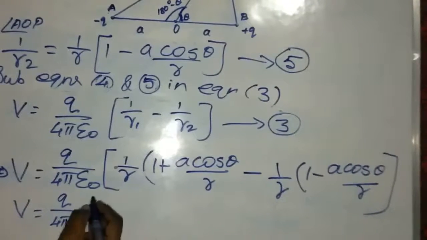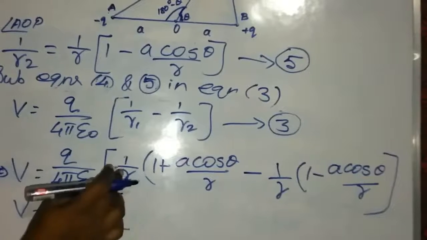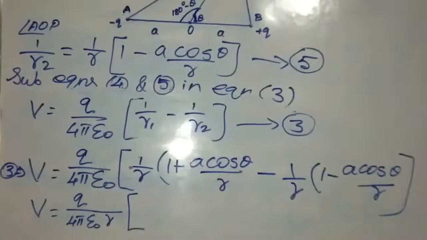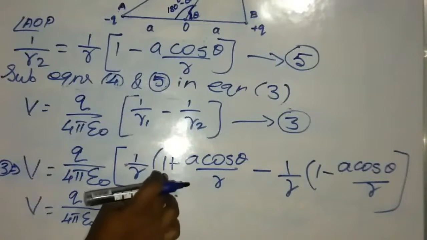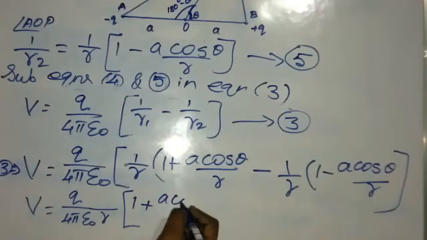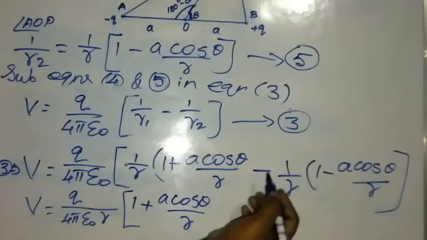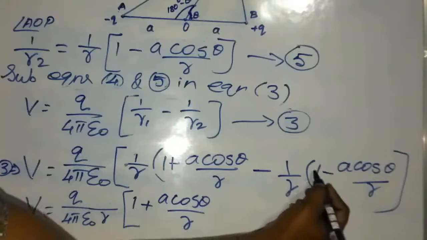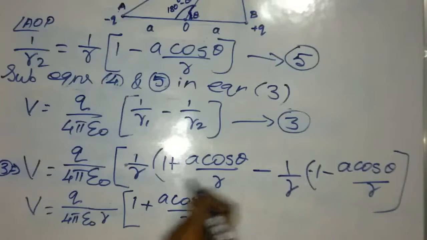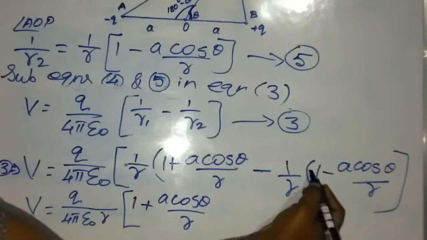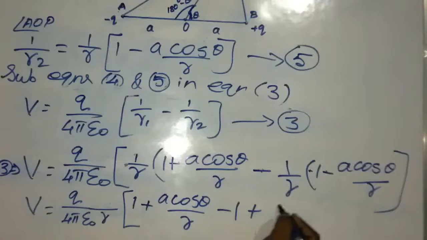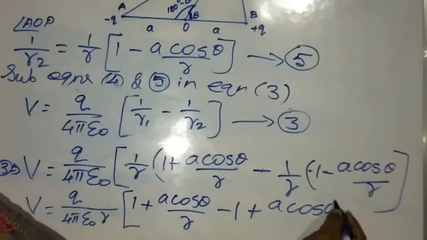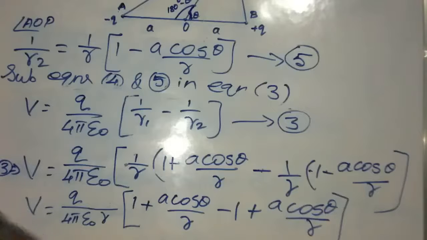Now the remaining: 1 plus A cos theta by R. Here minus, here plus. This 1 by R went outside. Minus times plus becomes minus 1. Minus and minus becomes plus A cos theta by R.